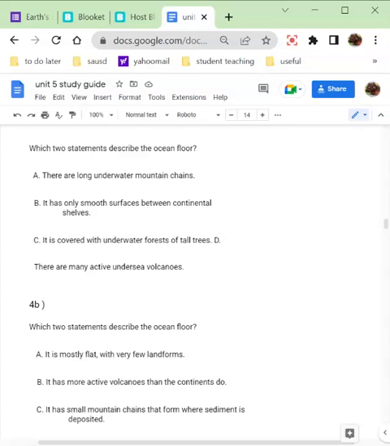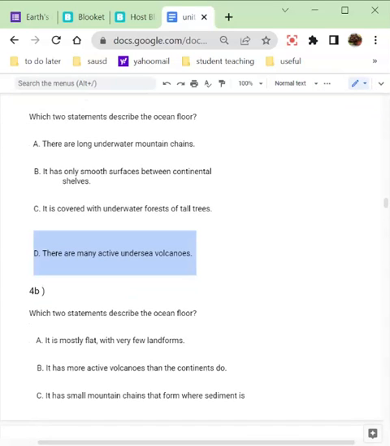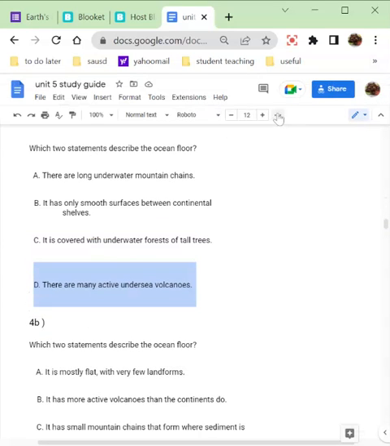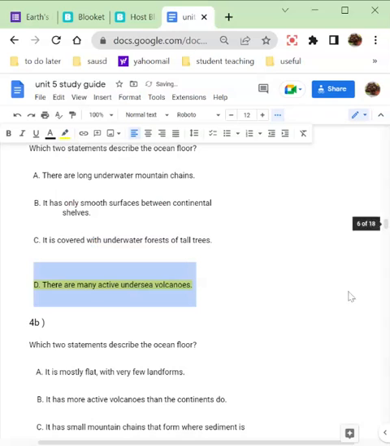Okay, so which two statements describe the ocean floor? Let's fix this a little bit. Like we learned in last unit, unit 4, remember that there were volcanoes under the sea too, and there are long underwater mountain chains.